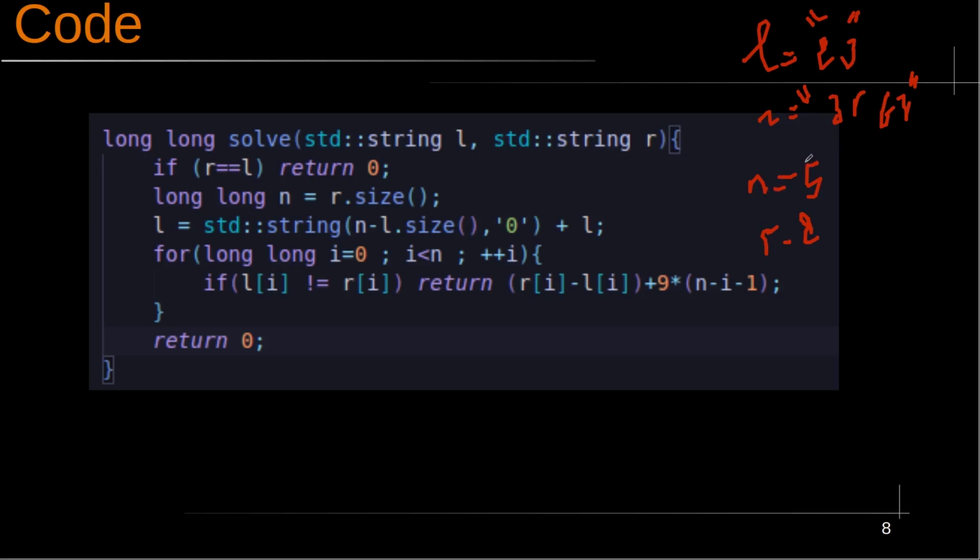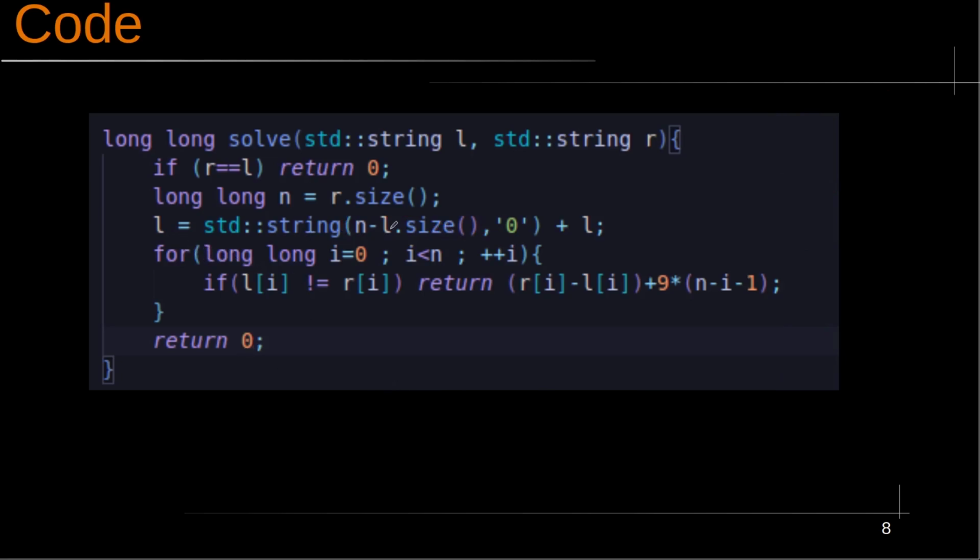Remember, sorry, n is equal to 4 here. So 4 minus 2 is equal to 2. We have to add 2 zeros on the left to 23. If the two numbers have the same size, this will be 0. We add 0, 0 to 23. Okay.